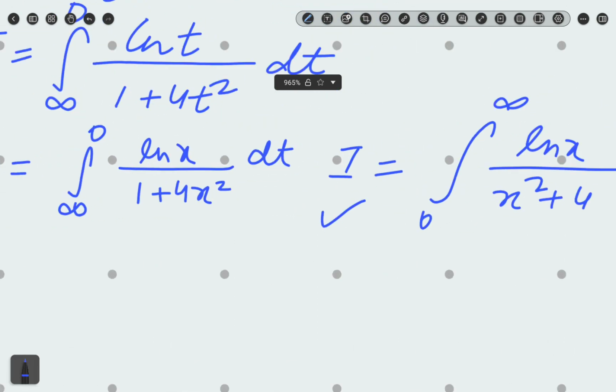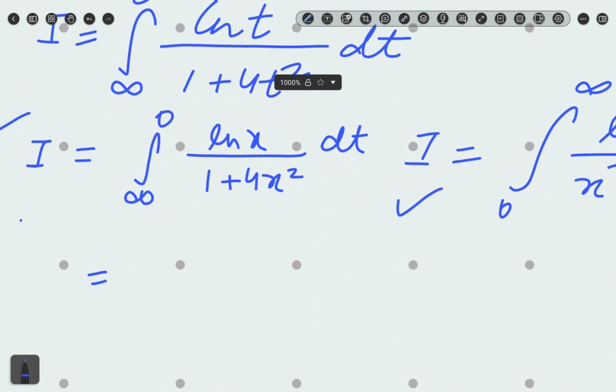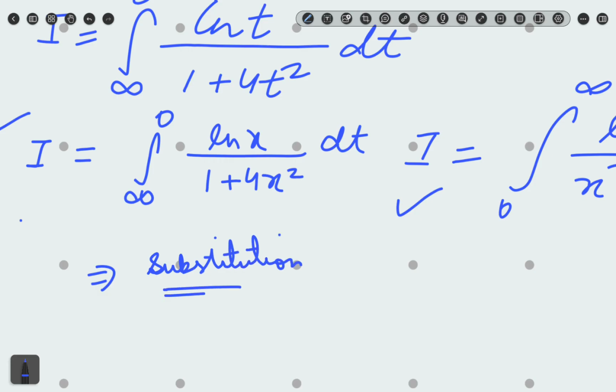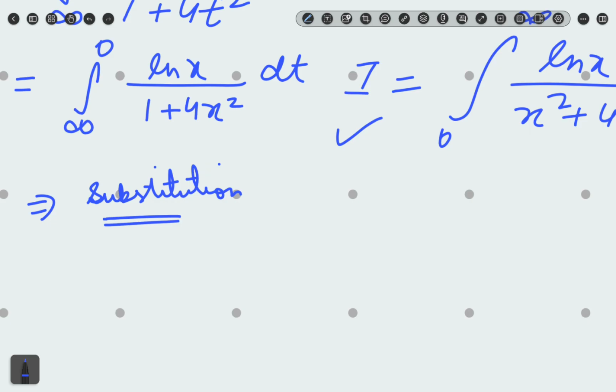Now first what we have to do, one more substitution we have, right? There are many more ways to do this question which are not in our syllabus, but I am telling you the method which is in our syllabus, right?